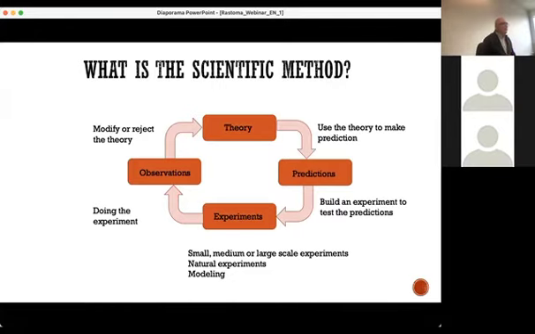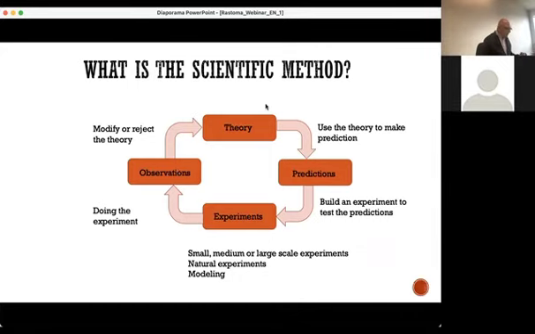When you are doing observation, you can try to generalize the observation, and you will make a theory. Using the theory, you can make predictions. Then from these predictions, you can make experiments to test the predictions.